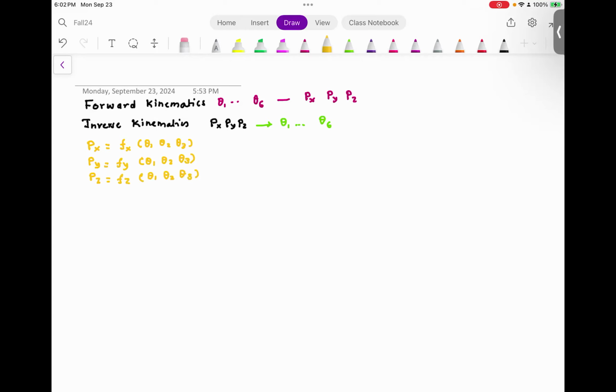You can use a MATLAB solve function to solve these algebraic equations. So px, py, pz is given to you, and you have to find out theta 1, theta 2, and theta 3.